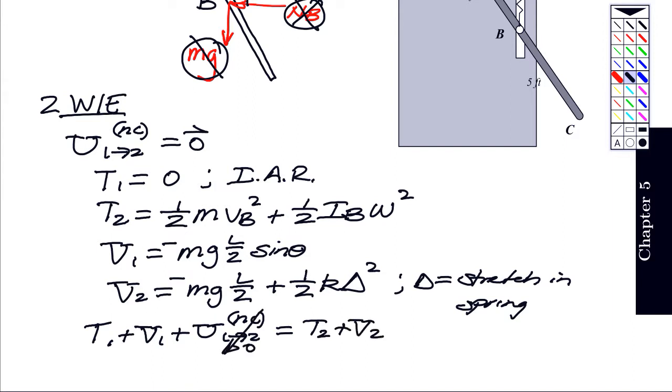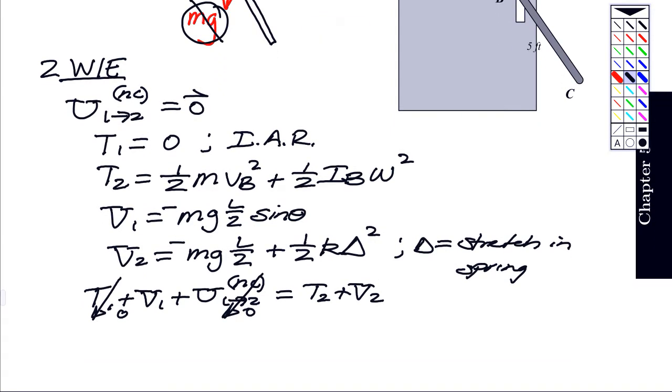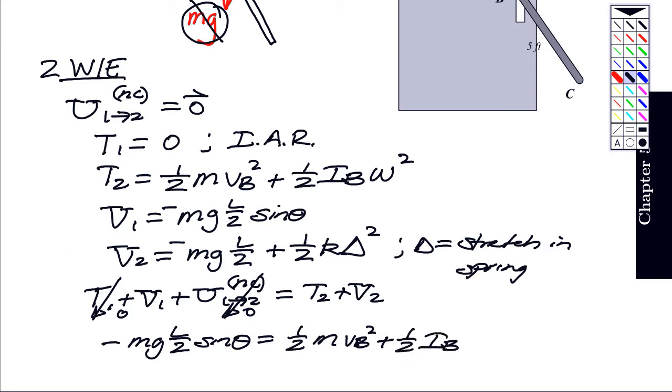We lose the initial kinetic energy. So V1 is minus mg L/2 sine theta, and that's equal to 1/2 m v_B squared plus 1/2 I_B omega squared. And then V2 is going to be minus mg L/2 plus 1/2 k delta squared. So that is our work energy equation.